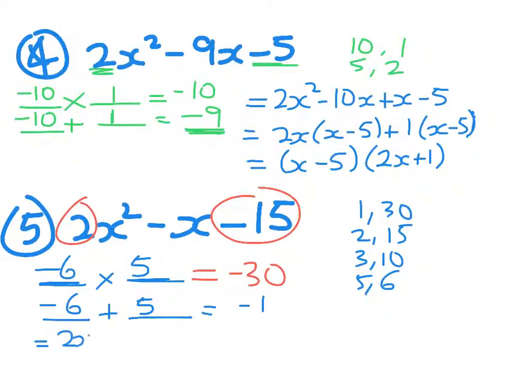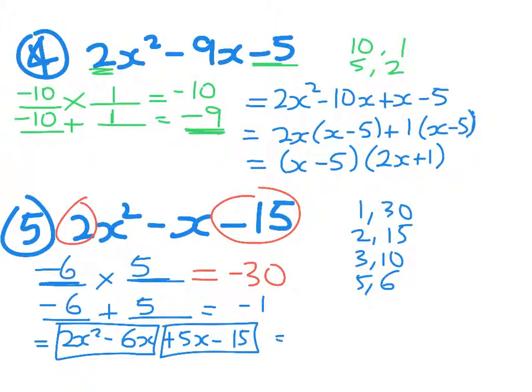Rewriting 2x squared minus 6x plus 5x minus 15. Box it up. And that equals 2x times x minus 3 plus 5 times x minus 3, which gives me 2x plus 5 times x minus 3.